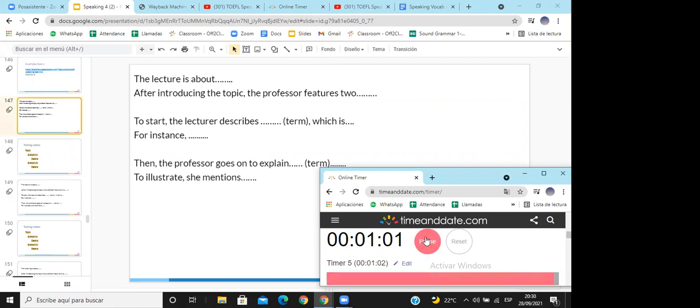Okay. The recording is about quality factors that influence customers' choices. To start, the professor describes reliability, a term that means something works as we expect it to work. For example, something that we want to buy, that basically is absence of defects.